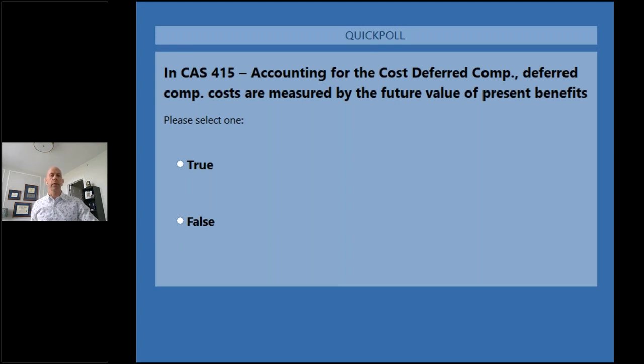Think about how we normally value things in GAAP. And this is interesting because in GAAP we talk a lot about the present value, and here we're talking about future value of present benefit.